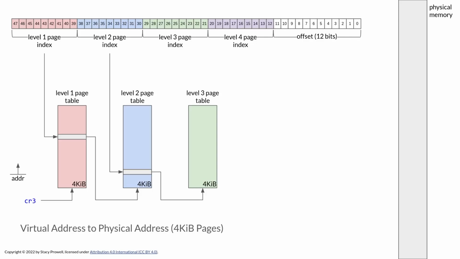If there were 512 possible level 2 page tables, there are 512 squared possible level 3 page tables. And that makes sense, right? 9 bits specifying an offset into there, 18 bits specifying a level 2, and then 27 bits specifying a level 3. Again, we use an offset into the level 3 page table to go get an address.